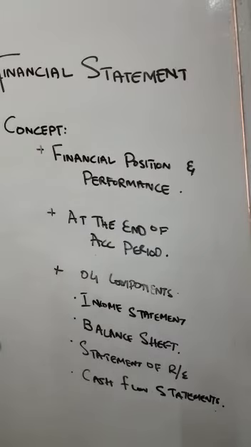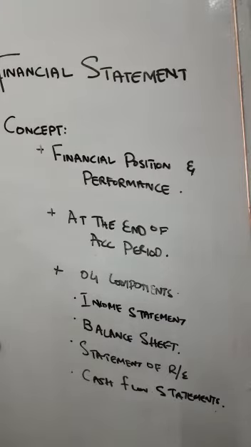Here financial statement has four major components. The first one is income statement, second balance sheet, statement of retained earnings, and last but not the least, cash flow statements.